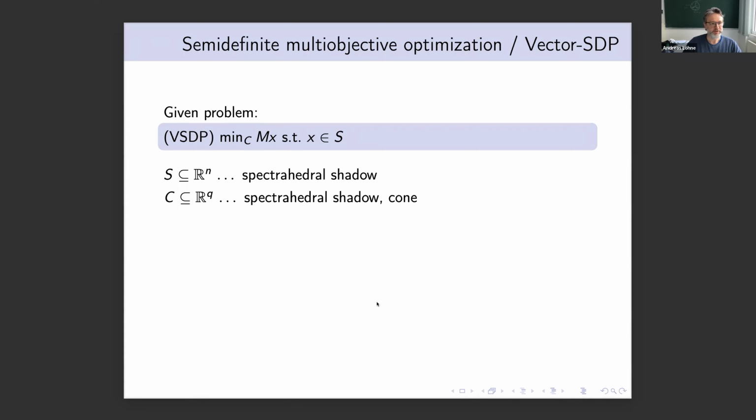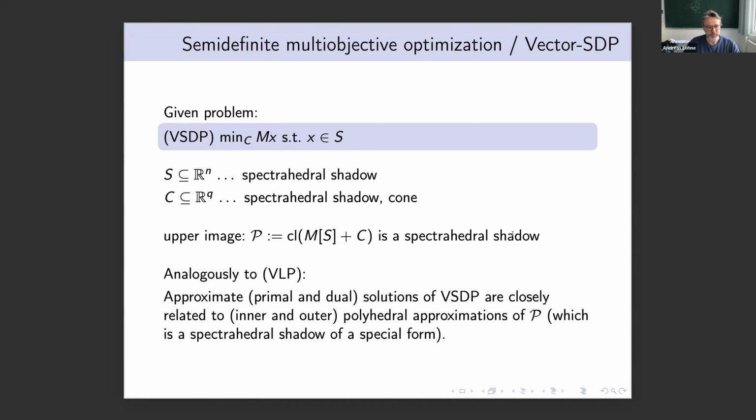And then we can define the upper image. This is defined in the same way as in the polyhedral case, but here usually we take the closure. And we know that the upper image is again a spectrahedral shadow. And now we can proceed analogously to the vector linear programming case.